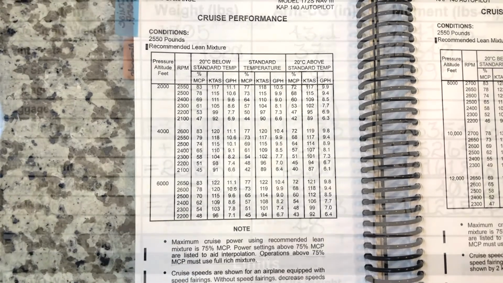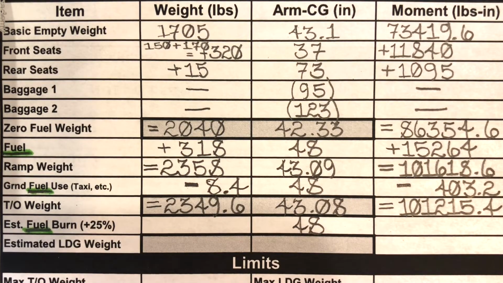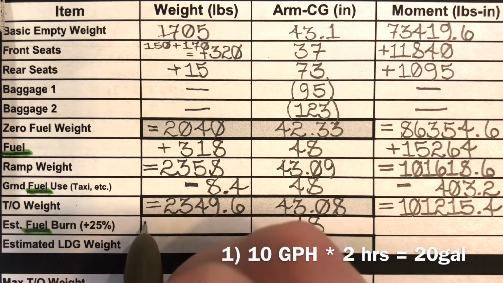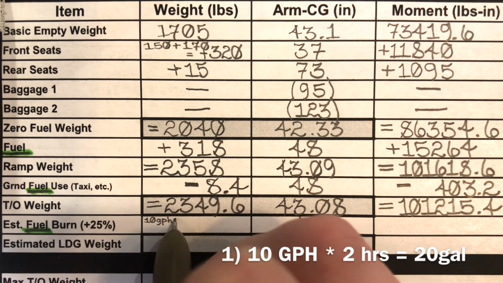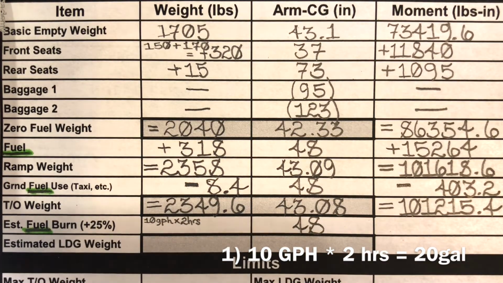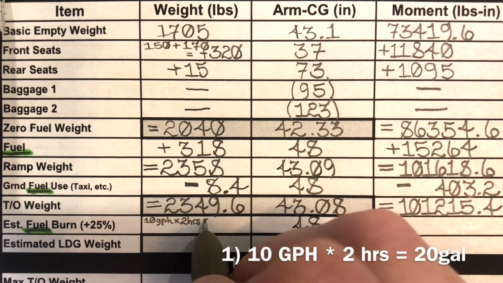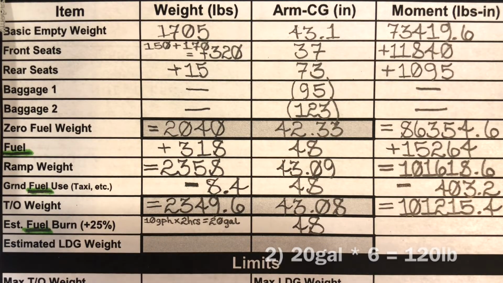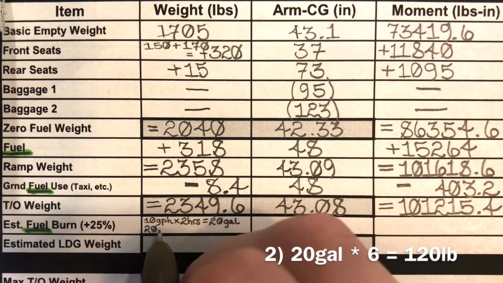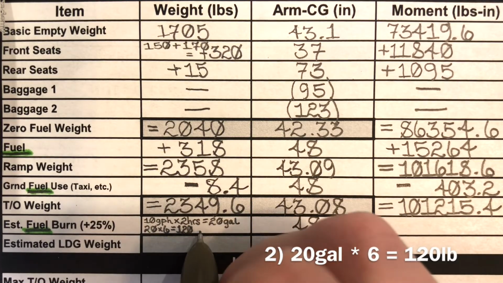And let's say our flight's just going to take 2 hours. So 10 gallons per hour times 2 hours is 20 gallons. So we're gonna write that little bit there. Now we convert it to pounds by multiplying it by 6, which is 120 pounds.